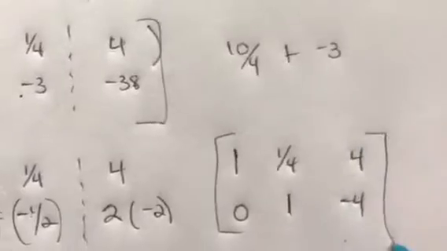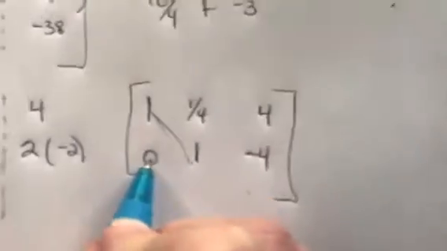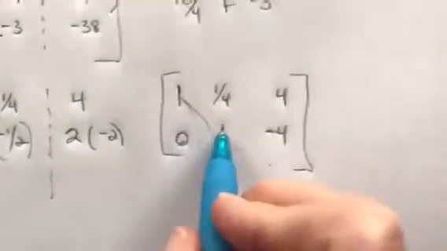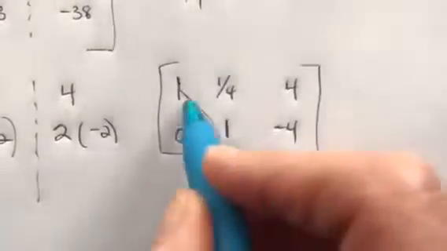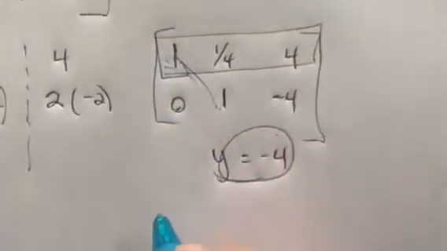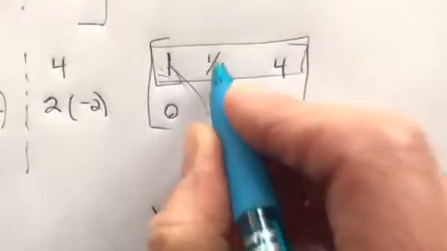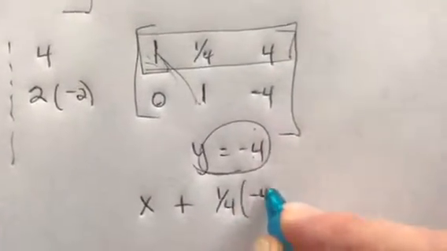So I can now quit because I have 1s on the diagonal with 0s to the left. So these are my x's and y's. So I can see y is negative 4. So that means I'm going to come up here, and I've got a 1x. I've got a 1/4 y, but my y is negative 4.